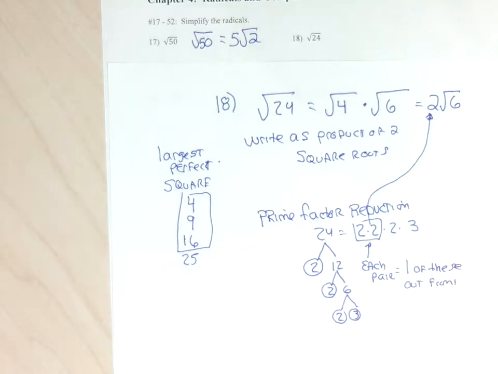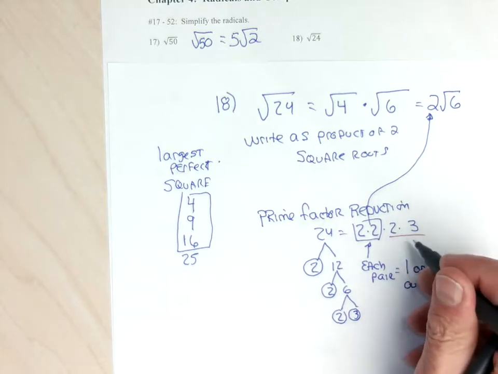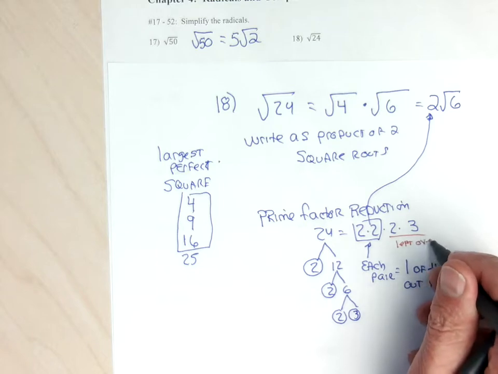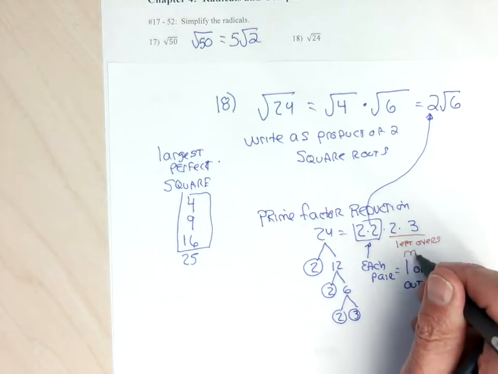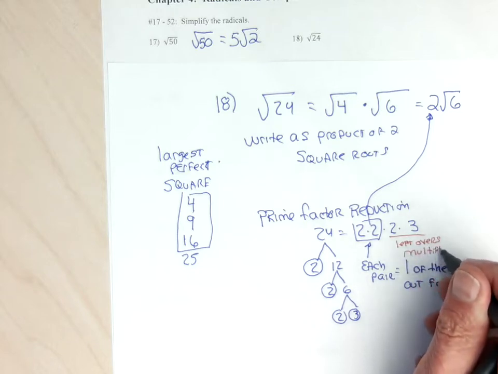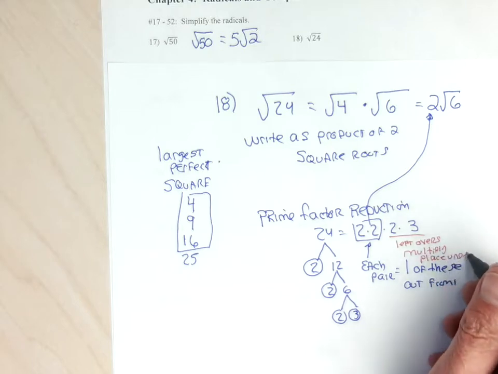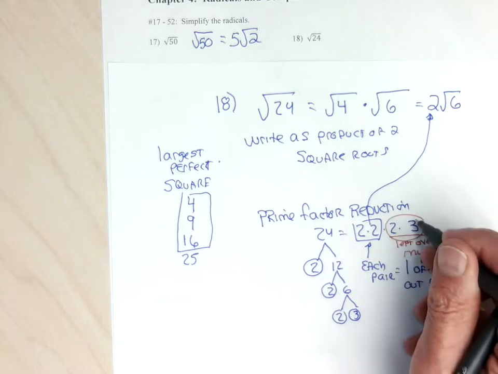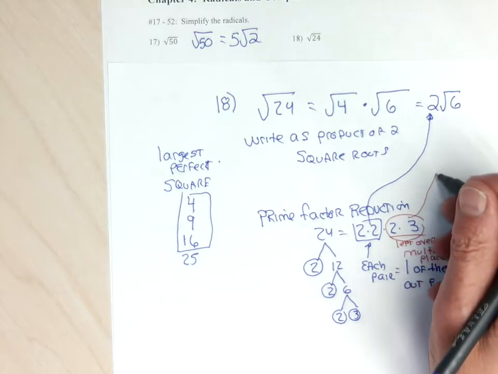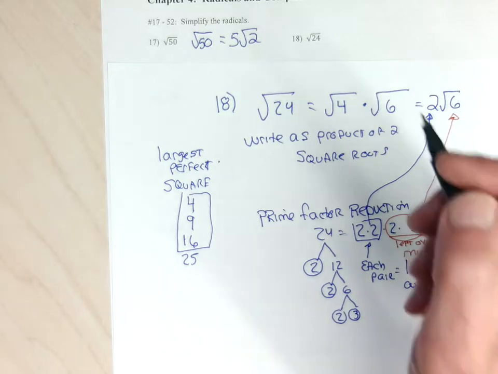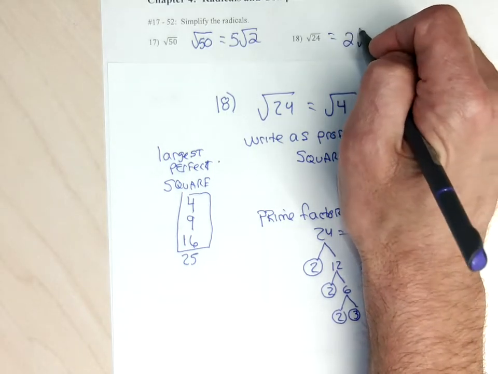And any non-pairs, these are leftovers, get multiplied. They're going to be singles here. You're going to multiply them and place under the radical. So this 2 and 3 that weren't part of the pairing of the 2's get multiplied and get thrown under the radical. Regardless, the square root of 24 reduces to 2 square root of 6.